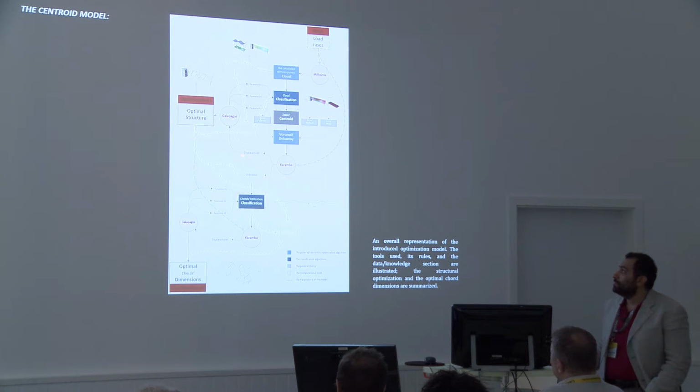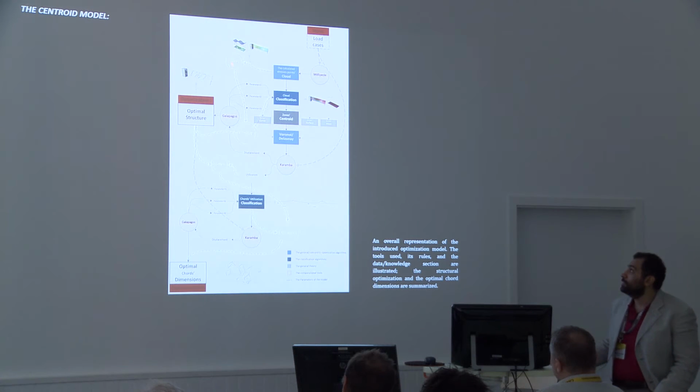Galapagos will take this displacement, and based on its values, it will change the parameters, maybe for the bell-shaped function, and the process will keep iterating until we get an optimal structure. This is the first optimization. This is the data for our understanding of the cloud, and this is the knowledge that we maintain after we get an understanding of the cloud.